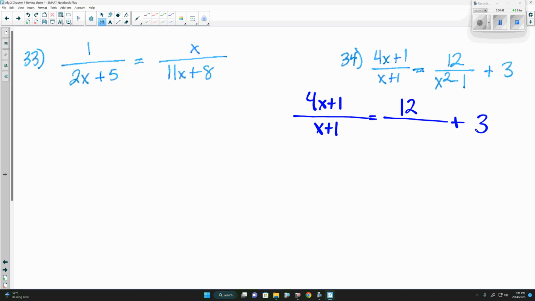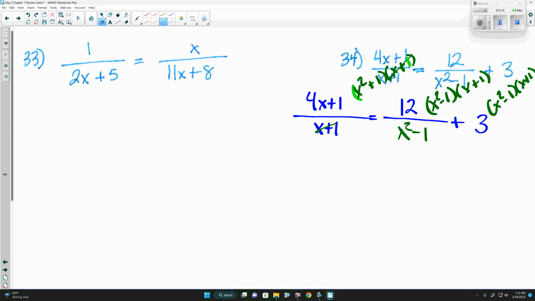And I say that because if we left this as x squared minus 1 and multiplied everything through by x squared minus 1 and x plus 1, I would not write this down. It's not going to cause too many issues, but it's going to make the problem harder to work.